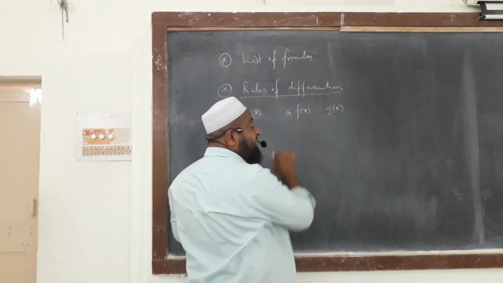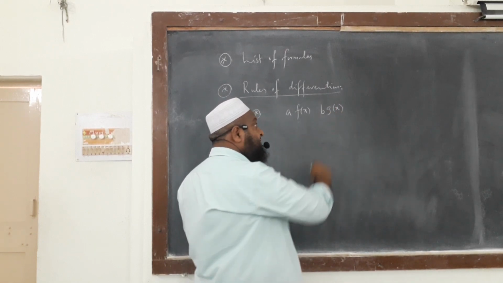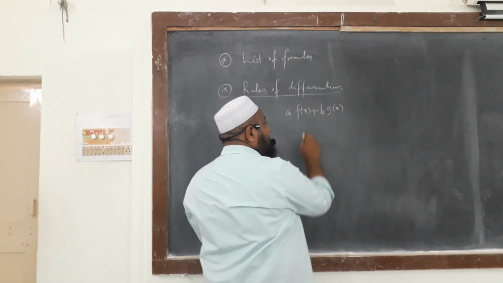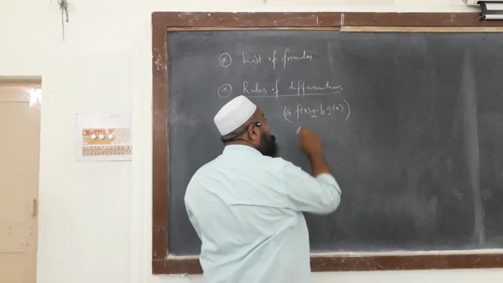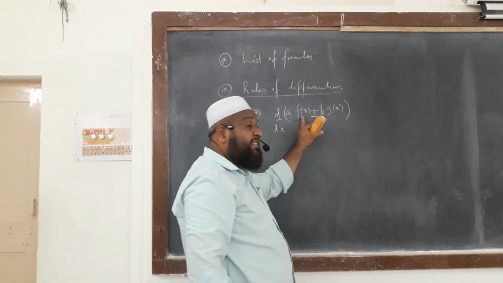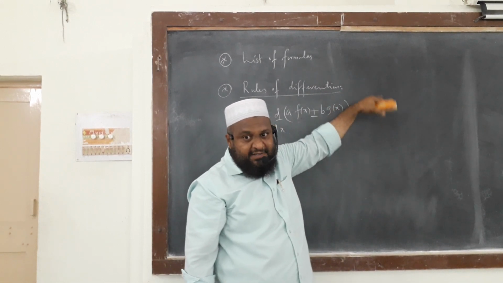If a is a constant multiplied to f of x, and b is a constant multiplied to g of x, and plus or minus comes here and we are finding the derivative, this f of x and this g of x may be any function from that list of standard functions.